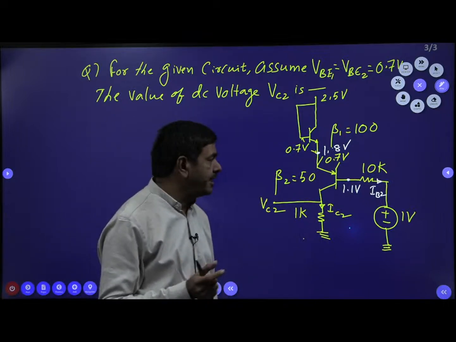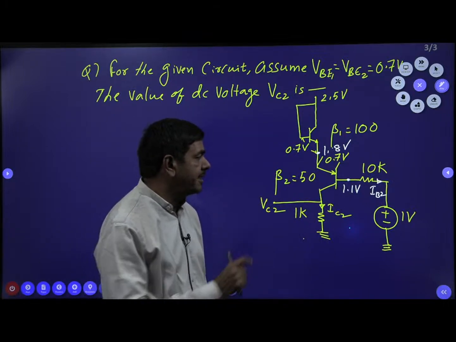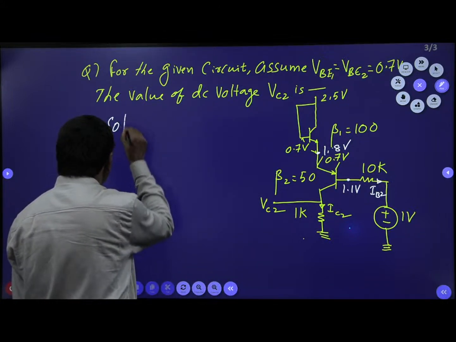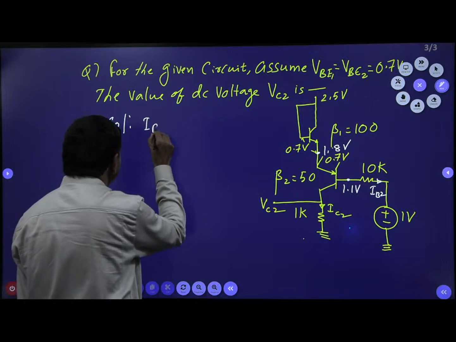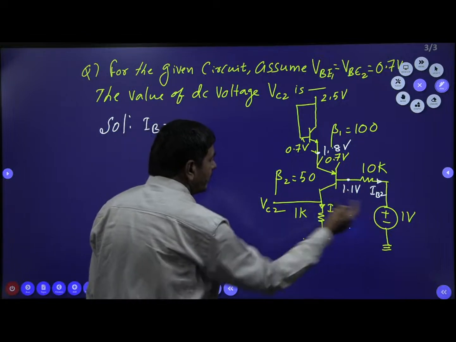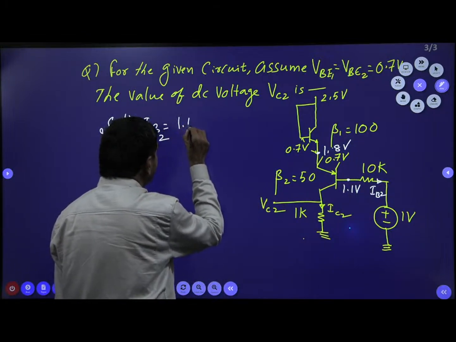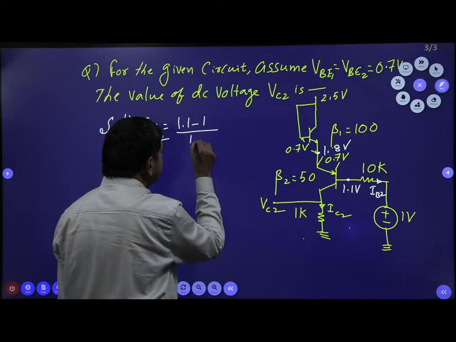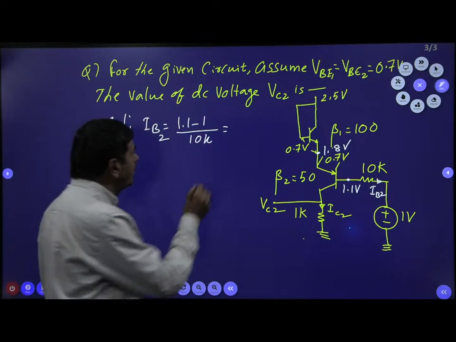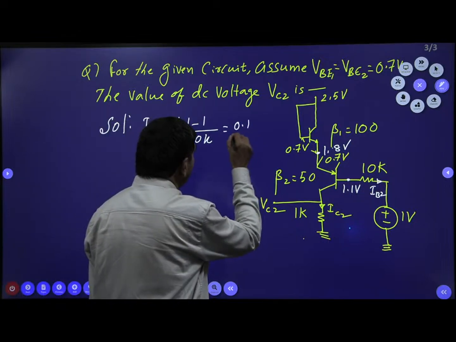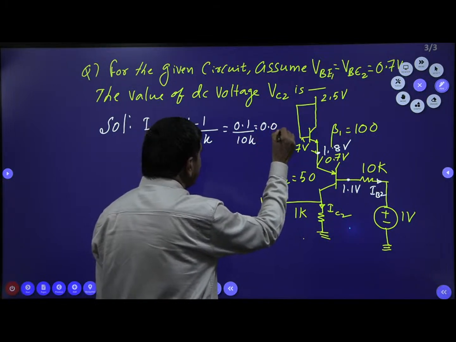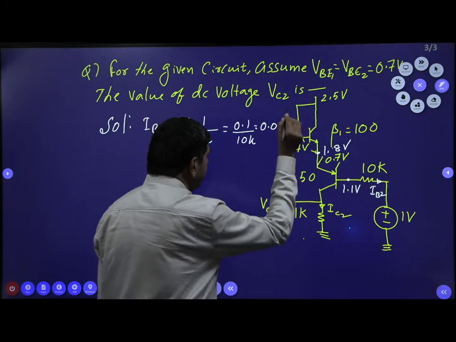Difference of voltage divided by resistance, just Ohm's law. 1.1 minus 1 is 0.1, divided by 10K. Finally, it becomes 0.01 milliamperes of current.